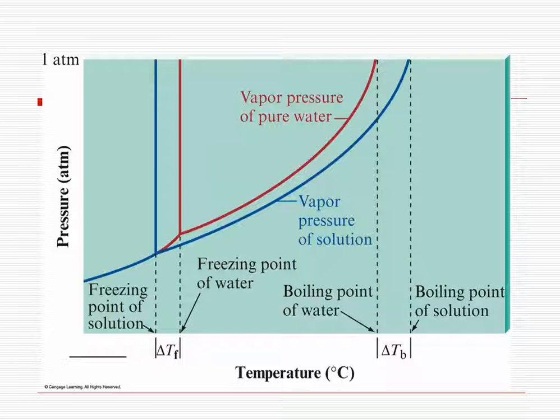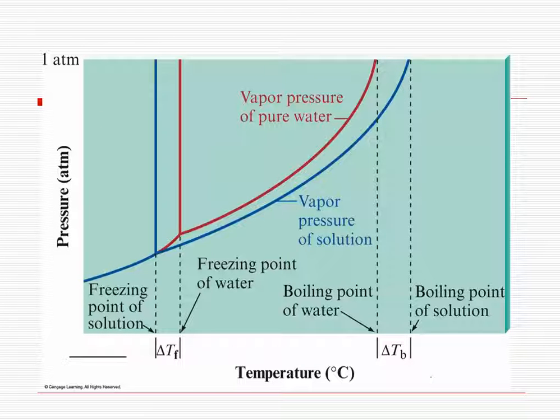The other effect is that the freezing point decreases. So what you'll notice is that this blue line basically extends the range of temperature at which this can be a liquid. And that's why they put salt on the roads, etc.